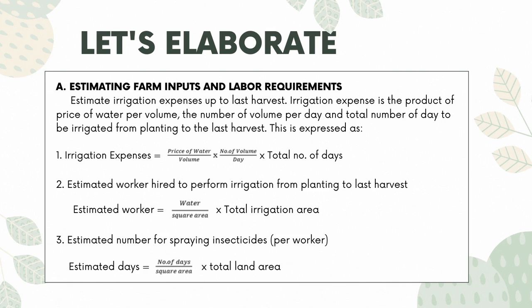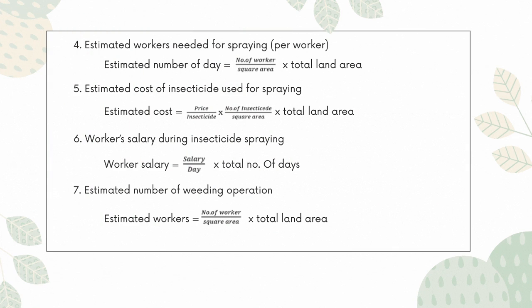Estimated days is equal to number of days over square area times total land area. Number 4, estimated workers needed for spray per worker. Estimated number of days is equal to number of workers over square area times total land area.